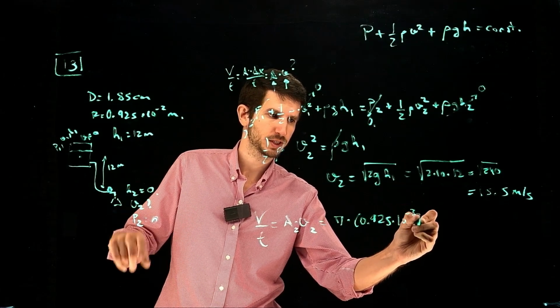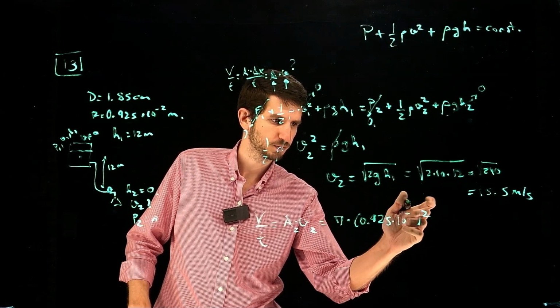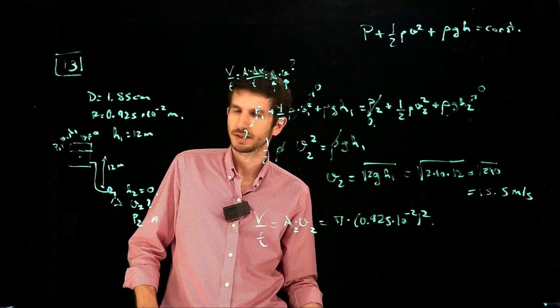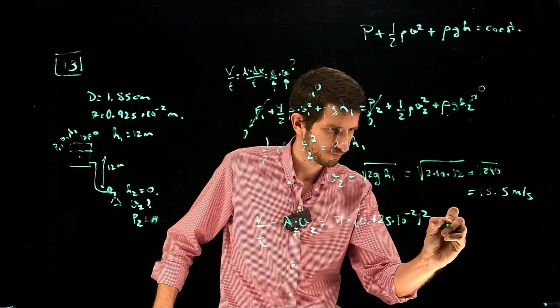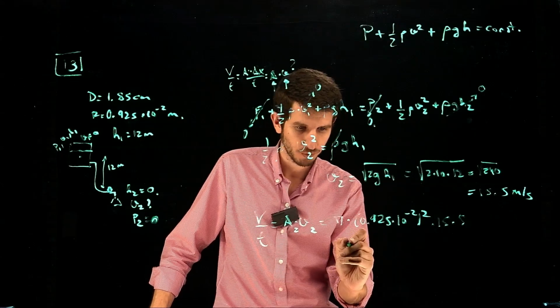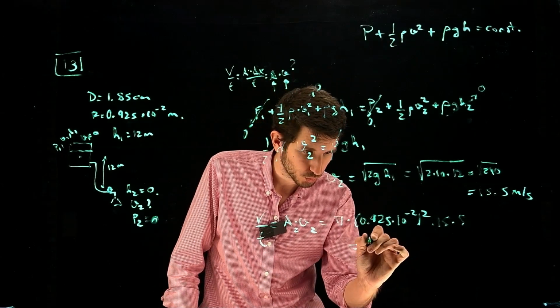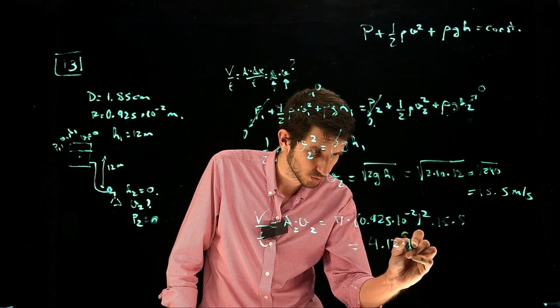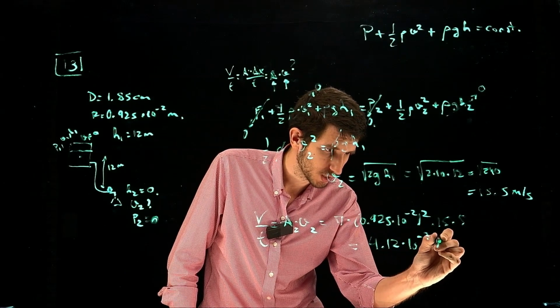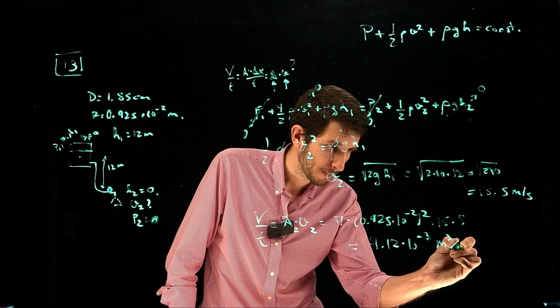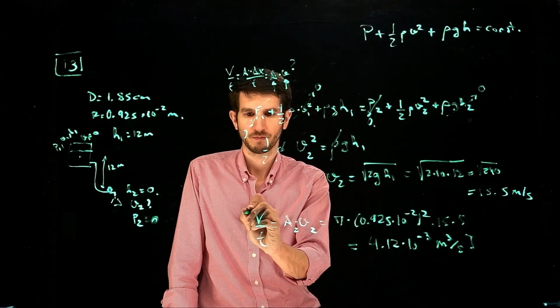Don't forget the units, but that's a 2 square times 15.5. And if we make these numbers, we find the flow to be 4.1 times 10 to the minus 3 cubic meters per second.